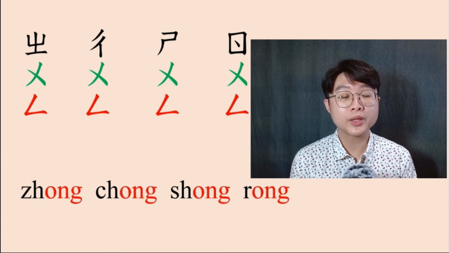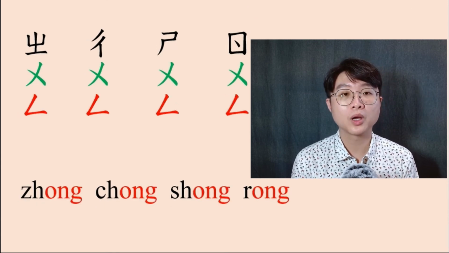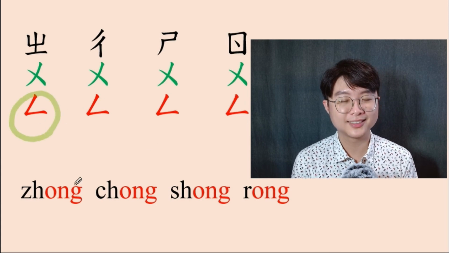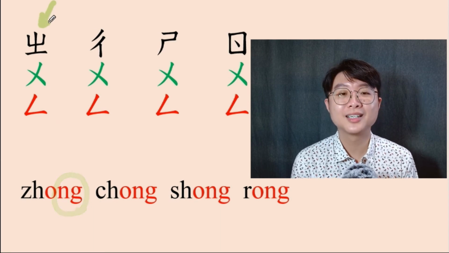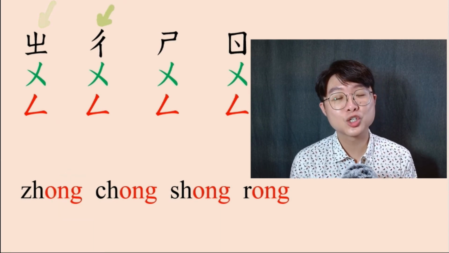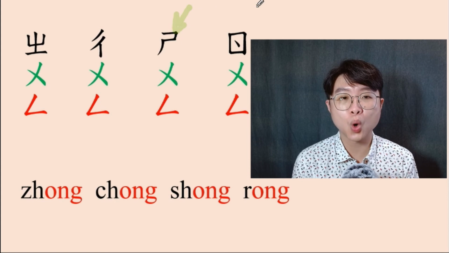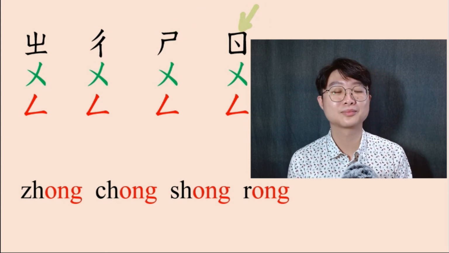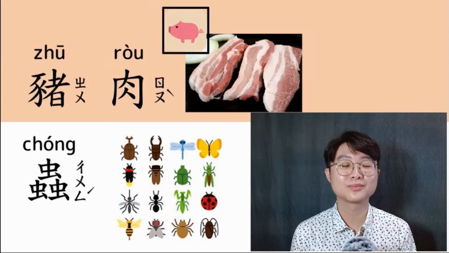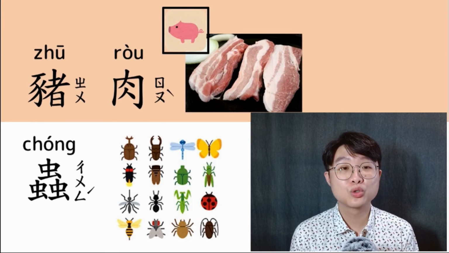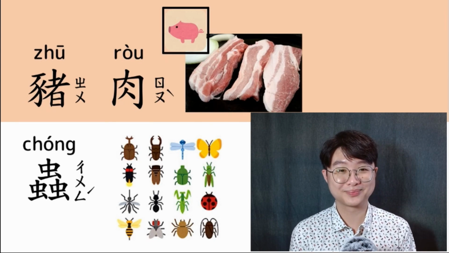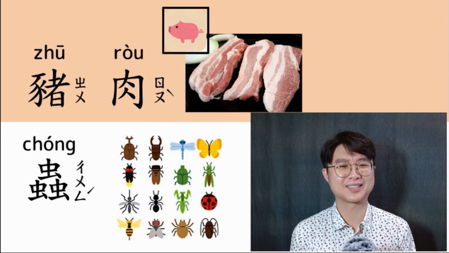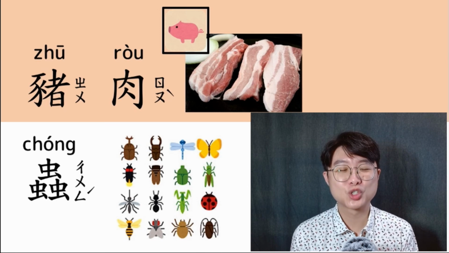And when they go with the other nasal vowel, it's like 中 冲 shong, rong. For example, 猪肉, that's pork. And bugs or worms, 虫.